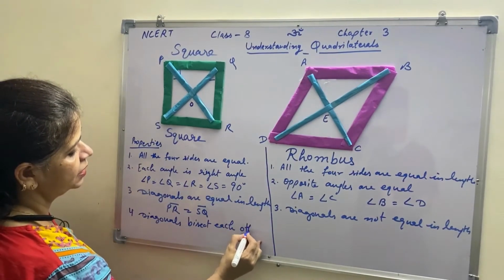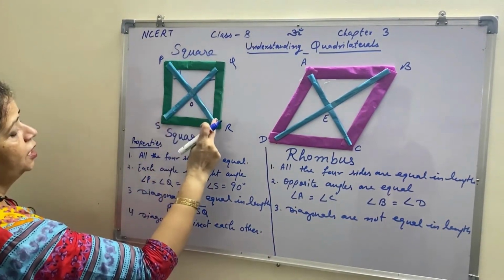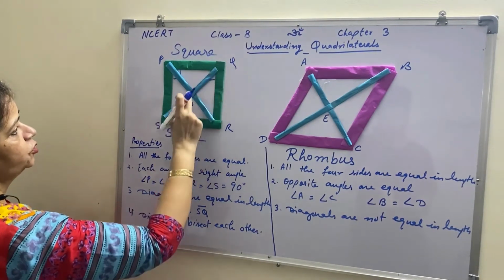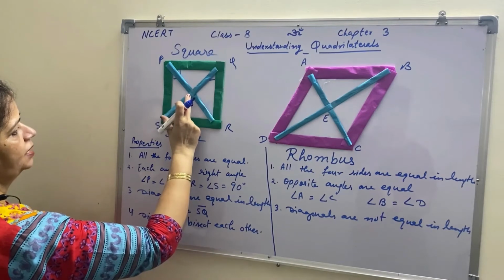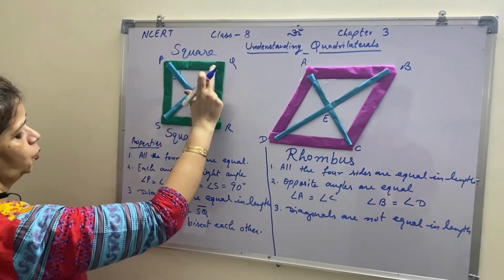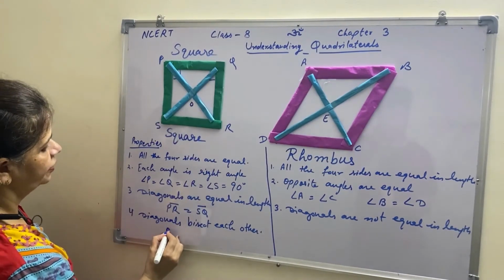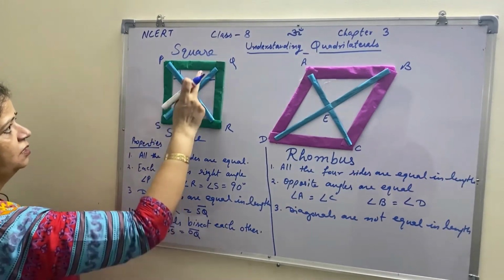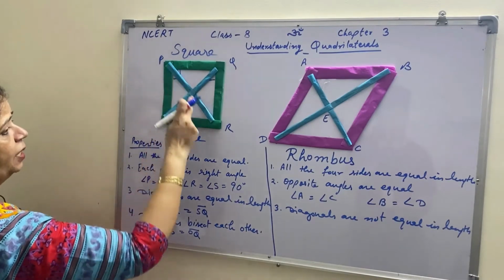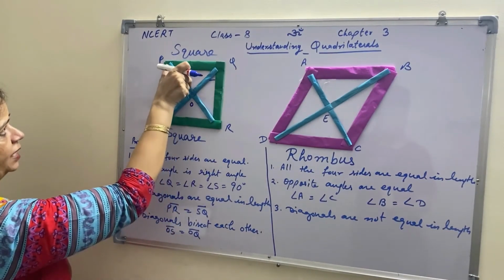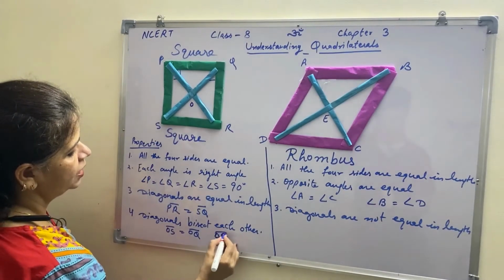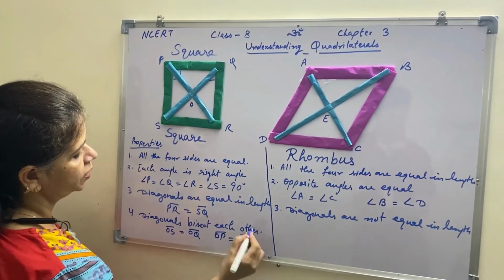Bisect each other means this diagonal PR is dividing SQ into two equal parts, OS and OQ. That means OS and OQ are equal, and similarly SQ is dividing PR into two equal parts, OP and OR. OP and OR are also equal.